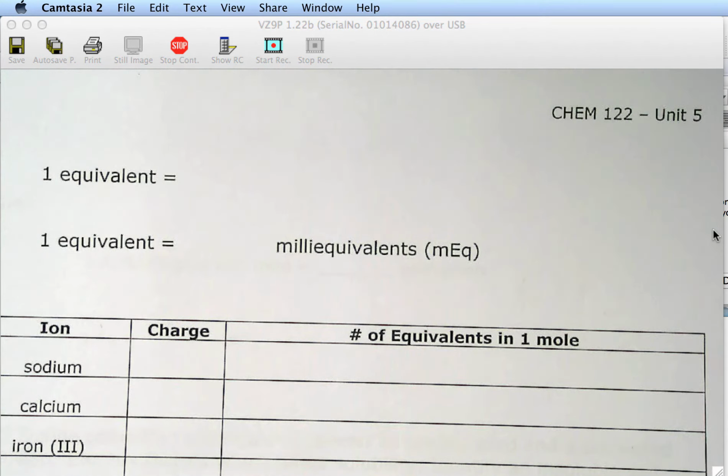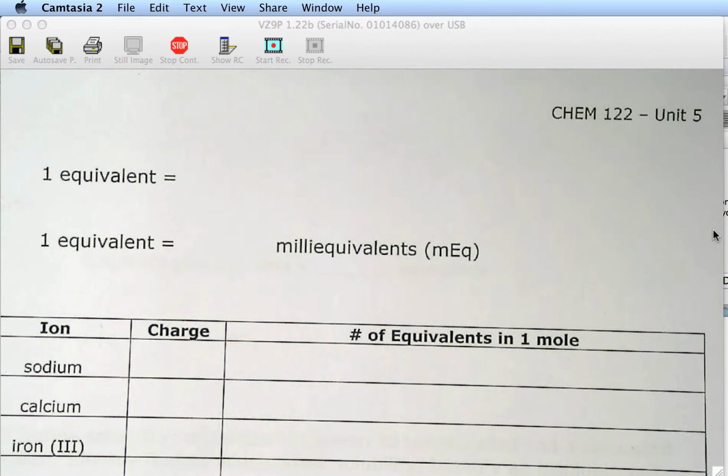Now we're going to talk about equivalence. And maybe you've seen this on IV solutions where it gives the concentration of a particular ion, but it gives it in equivalents. And you think, what is an equivalent? Well, equivalents are based off the charge of an ion.